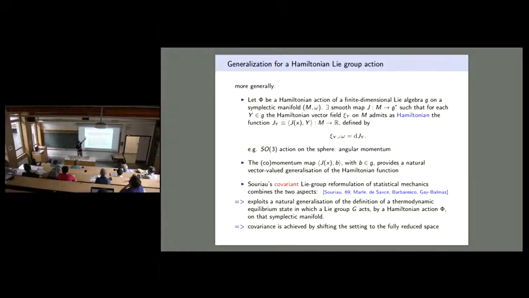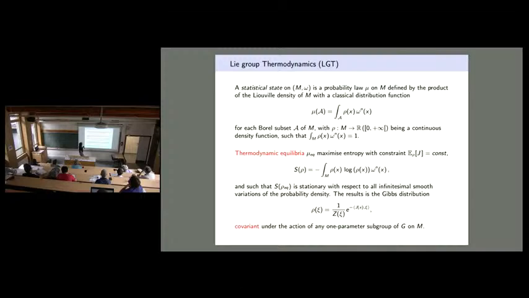So maximal entropy principle, an epistemic approach, and the momentum map in terms of geometry and symmetry, which tells you what are the relevant quantities of the dynamics. So Suryo, in a sense, is making a synthesis of these two things. He is defining a Gibbs state, which is characterized by macroscopic observables given by the Lie group symmetry, and in terms of a maximum entropy principle. I think I have it here just to give you an idea of what I mean.